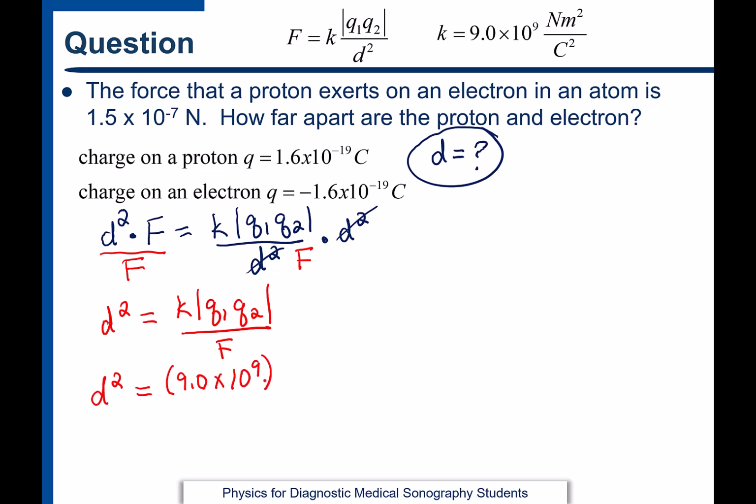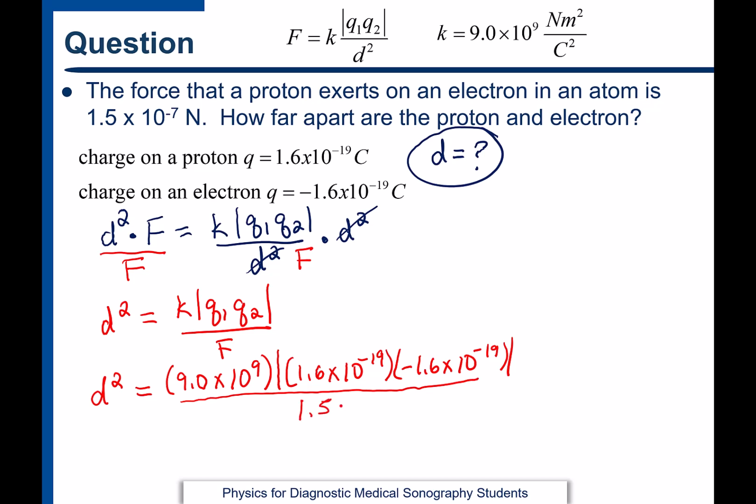Again, constant, always the same. And then in the absolute value, I've got 1.6 times 10 to the negative 19th times negative 1.6 times 10 to the negative 19th. Again, we're just going to take the positive value of that. And then I'm going to divide by the force, which is 1.5 times 10 to the negative 7th.